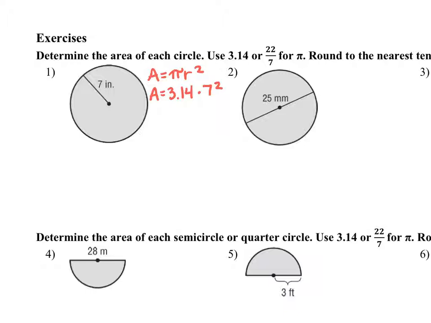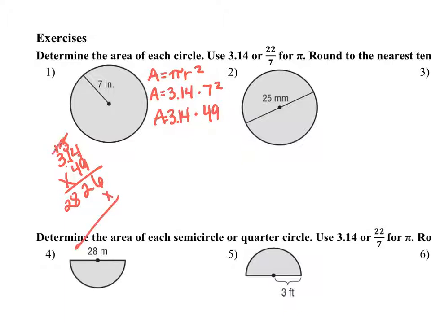Am I going too fast? No. Okay, what's 7 squared? 49. Right there. Perfect. 3.14 times 49 is going to be my answer. Okay, so I'm going to come over here and I'm going to say 3.14 times 49. Now I'm going to go through and multiply through that.